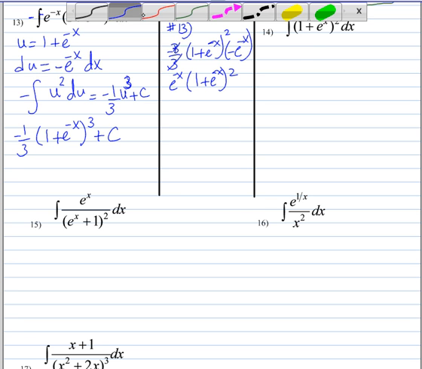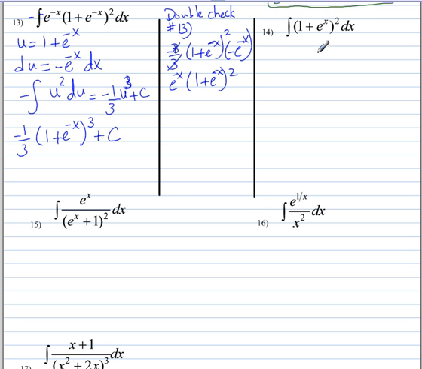Moving on to number 14. Number 14, we can't use u-substitution because if we use 1 plus e to the x as u, then its derivative, which is e to the x, is not out here being multiplied by this factor. So what we're going to do is FOIL this.